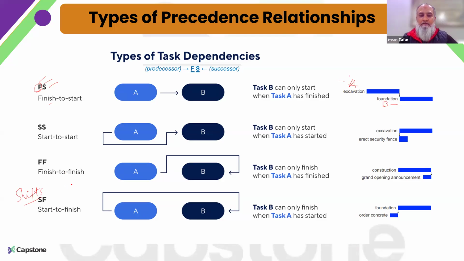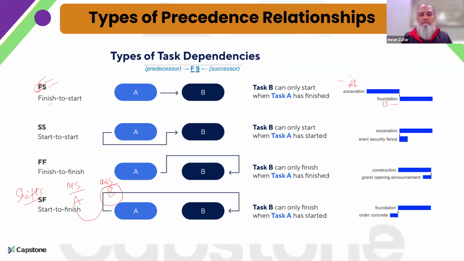Let's say you have a morning shift, which is activity A, and a night shift, which is activity B. The night shift workers can only finish their duty once the morning people have started resuming their duties in place of the night shift, or task B. So this could be an example of start to finish.